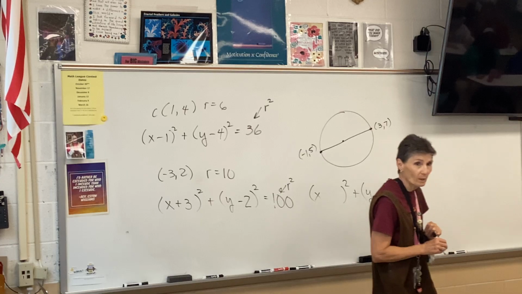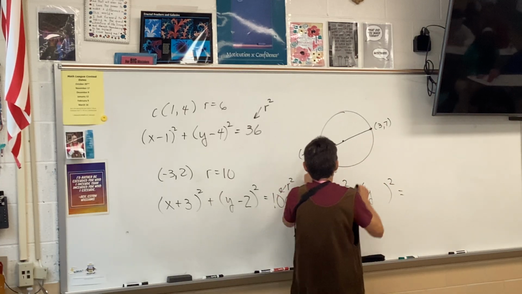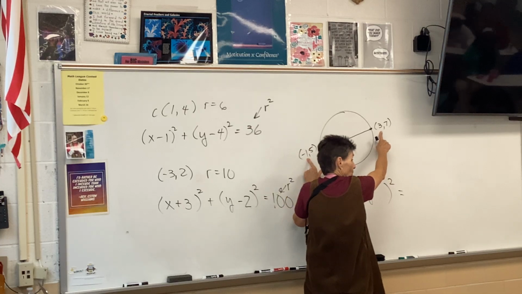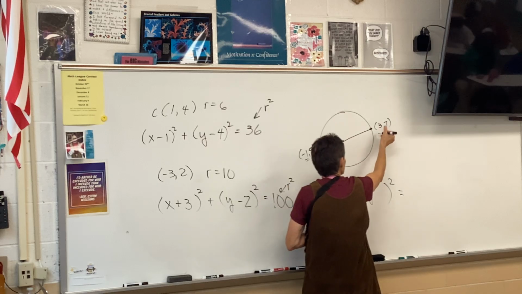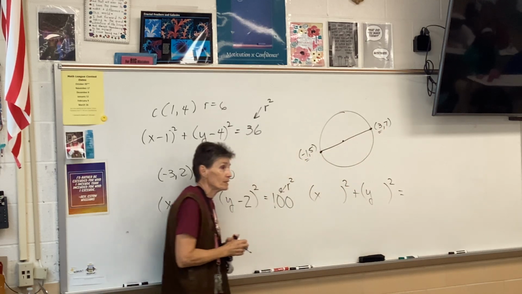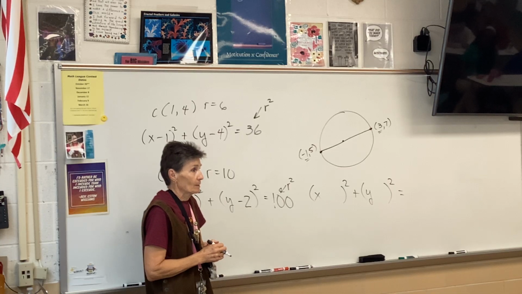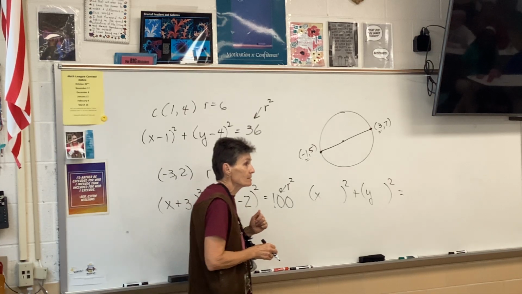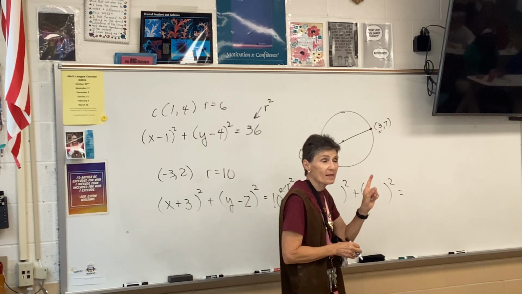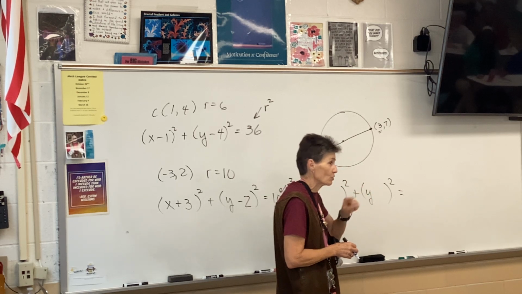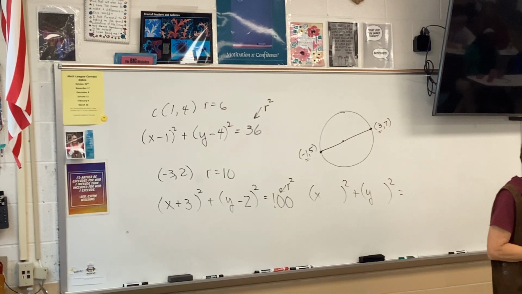I know how to find midpoint. How do I find midpoint? I average. -1 and 3. What is the average? I'm looking at my x's. What is the average of -1 and 3? You need to get it into the calculator, guys, because you got to get it right. -1 plus 3 is 2.